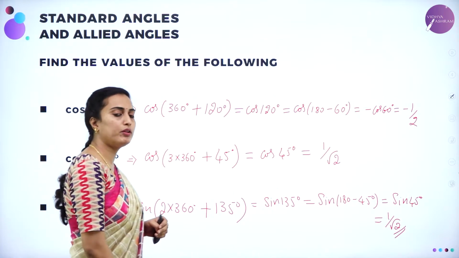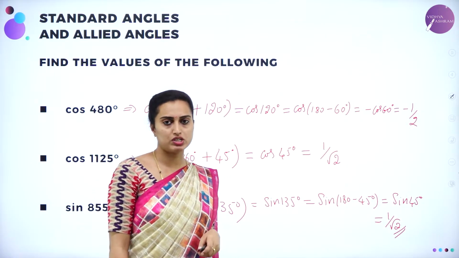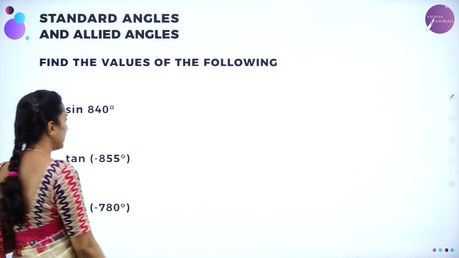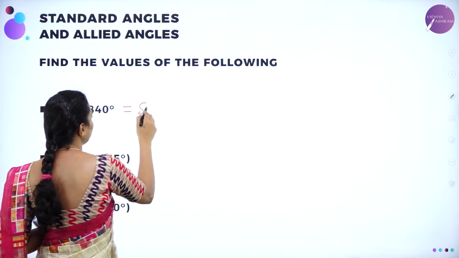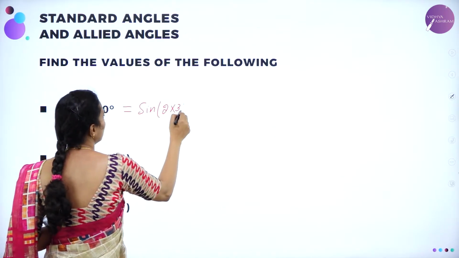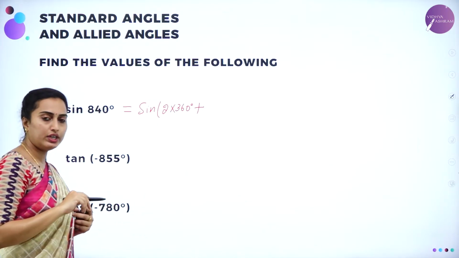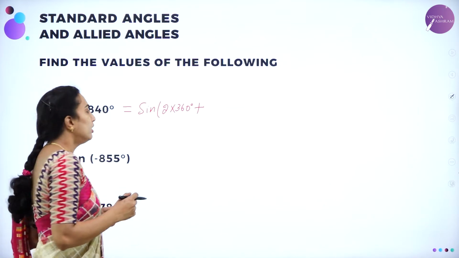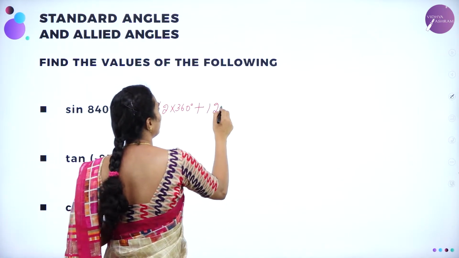This type of problem will be asked for 1 mark. We'll move on to the next question, dears. What they have given? Sin 840 degree. I can write this as sin of 2 into 360, which is nothing but 720, plus what you need to add? 2 into 360 degree, 720. If you add 120 degree, it will become 840.